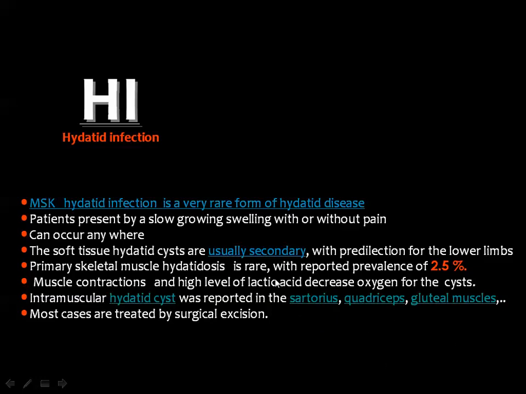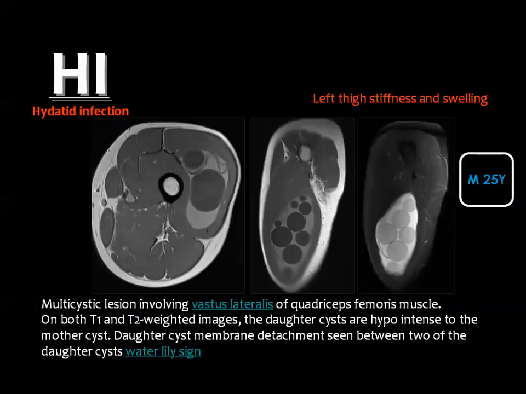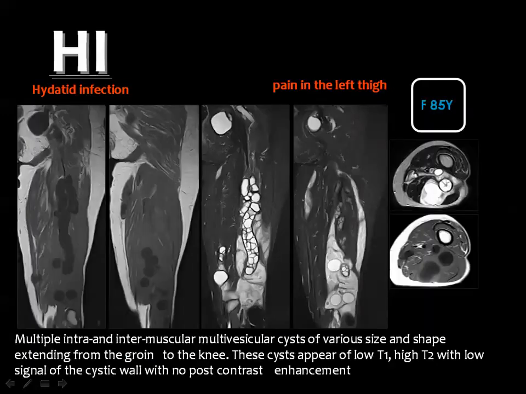Hydatid disease in the muscle is usually secondary to hydatid disease present elsewhere in the body. And the hydatid disease anywhere will show the classic appearance of a cyst with calcification, or a cyst with floating shadows, or a cyst with multiple daughter cysts inside. This is considered one of the best diagnostic signs of hydatid disease.